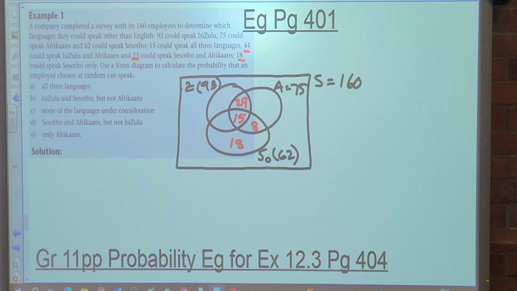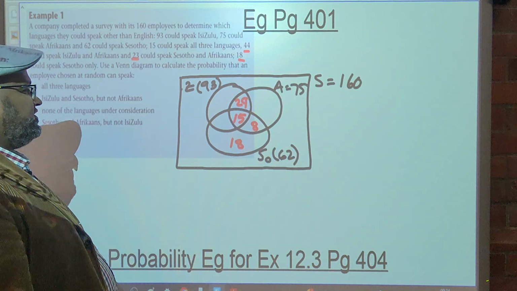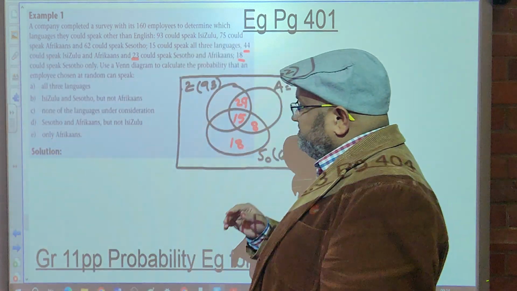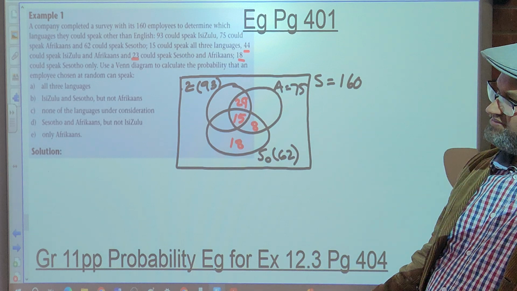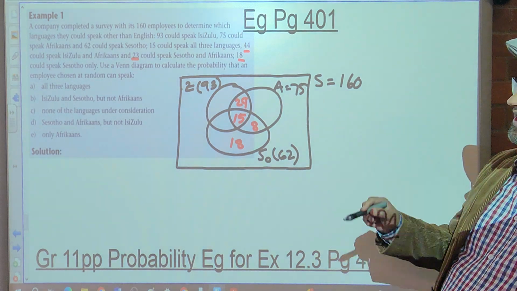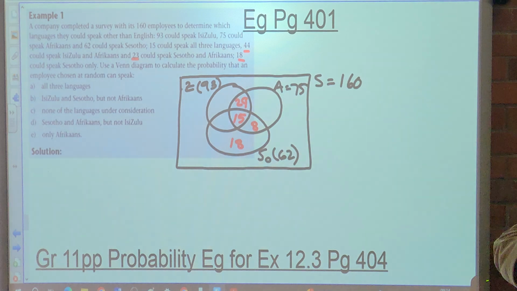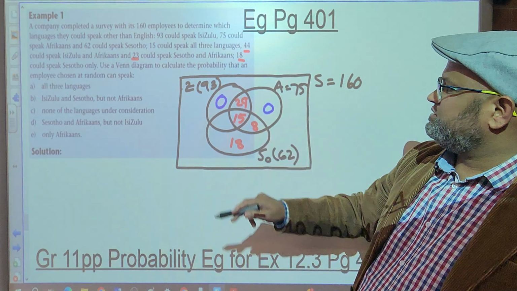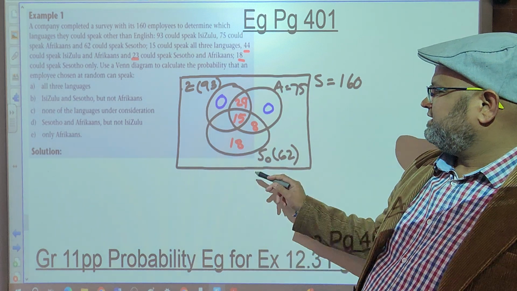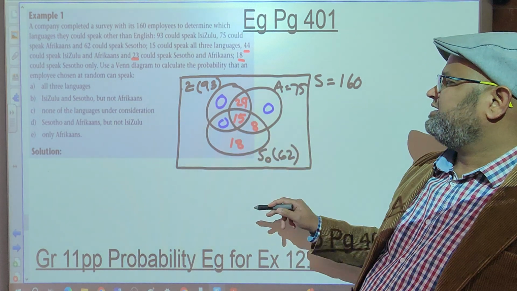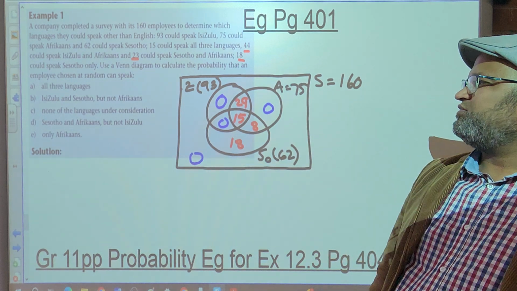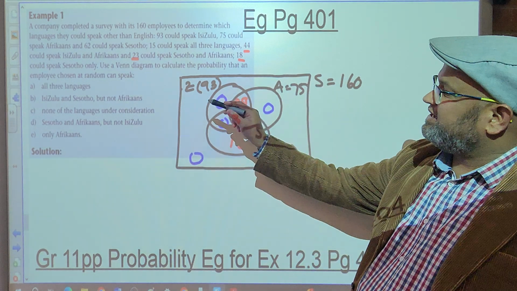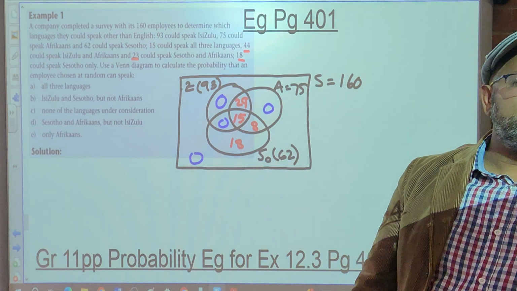Use a Venn diagram to calculate the probability that an employee chosen at random can speak all 3 languages. Before we go any further, we can fill in the empty spaces, namely Afrikaans only, Zulu only, Sesotho and Zulu only, and whatever is on the outside, which means they speak neither Zulu, Afrikaans, nor Sesotho.